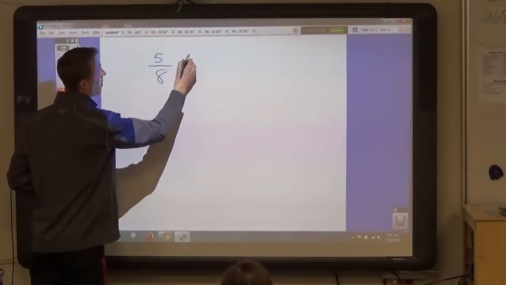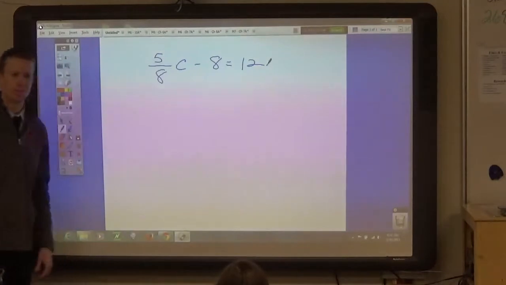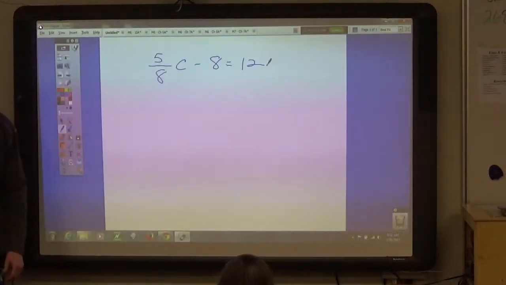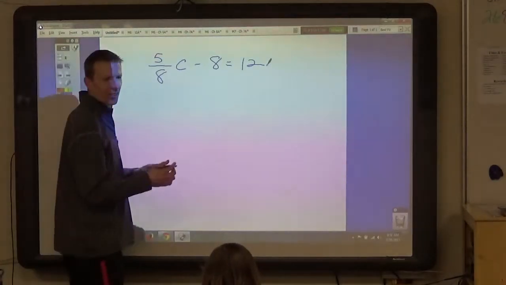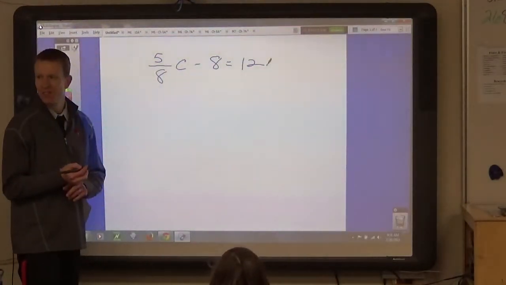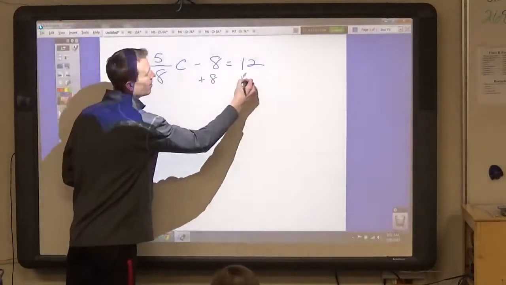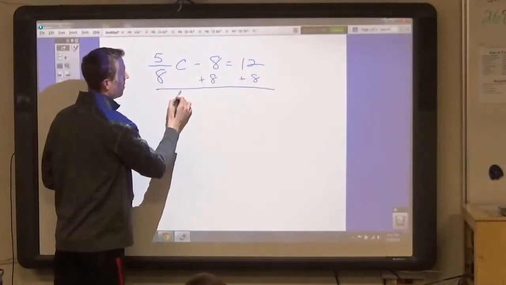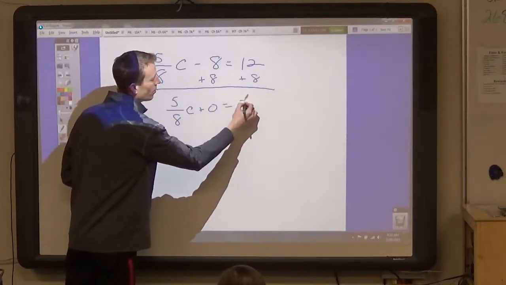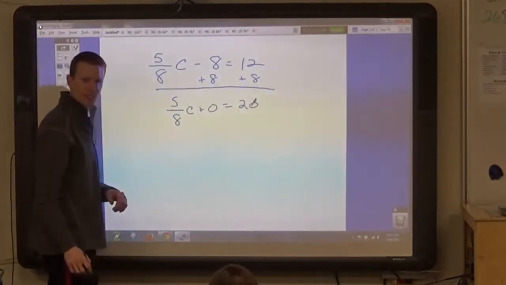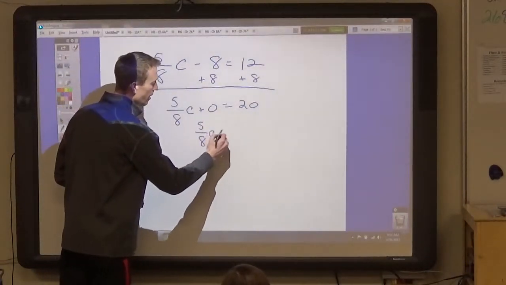Okay. You know what to do? Add 8 to both sides. 5/8 c plus 0 equals 20. Right? So 5/8 c equals 20.